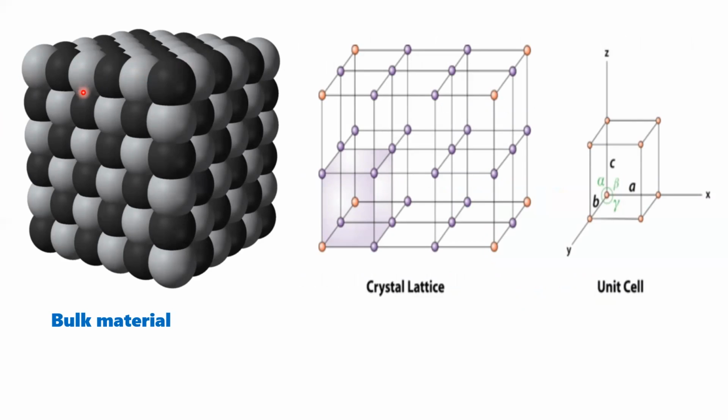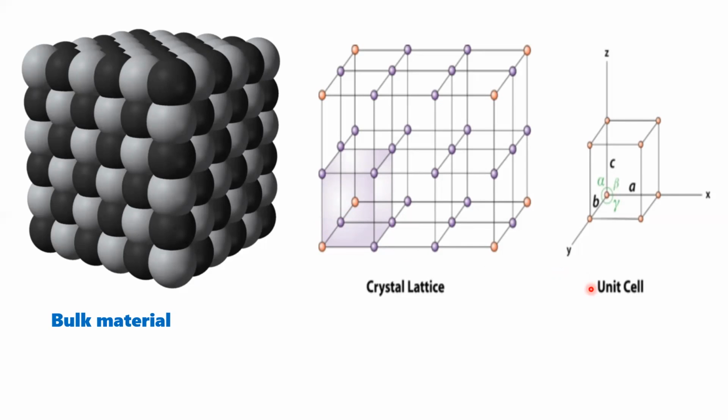In this bulk material, in a single unit cell, what is the unit cell? It is a simple part of a crystal lattice which repeats itself to generate a crystal. This single unit cell contains 10 to the power of 23 atoms.